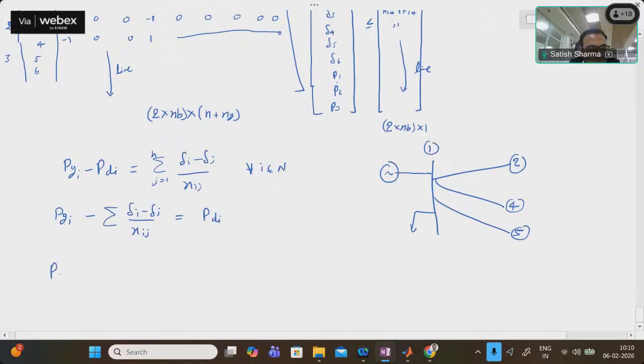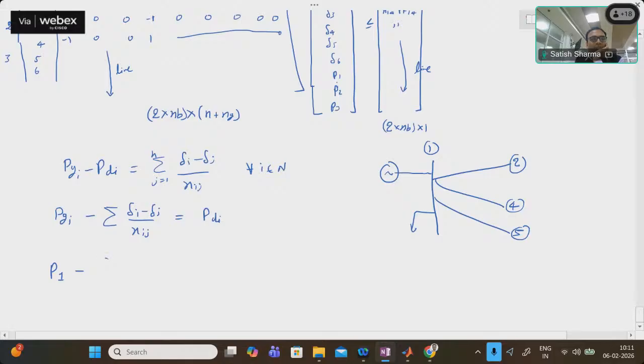So I can say it is PG1 or P1 minus, if I put j for the rest of the other nodes, the xij will be infinity, and that will make this entire second term, which is power Pij, equal to 0. So even if I put this summation, I will have only 3 lines.